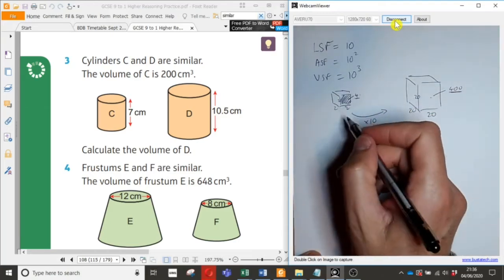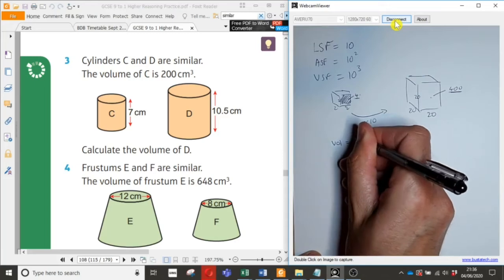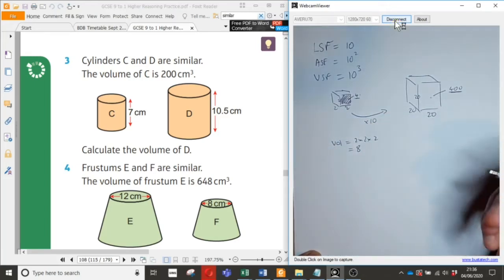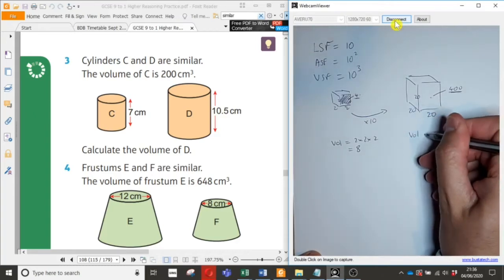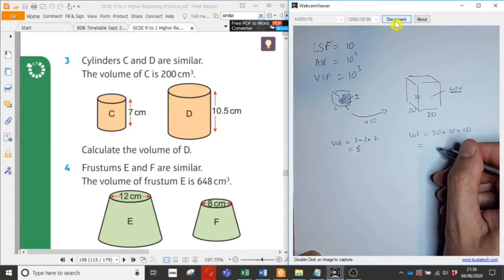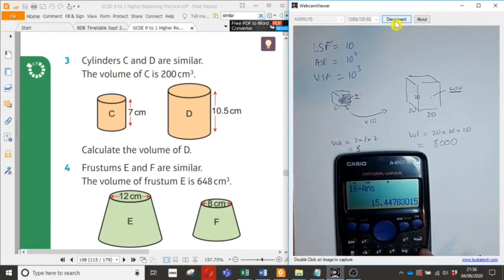And then if I work out the volumes, the volume of this small cube is 2 times 2 times 2, so that is 8, and the volume of this big cube is 20 times 20 times 20. You can use a calculator for this, but that will be 8,000. Let's just show you that on the calculator.